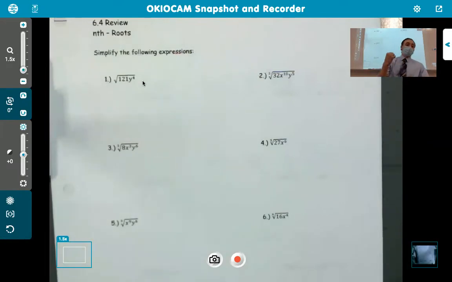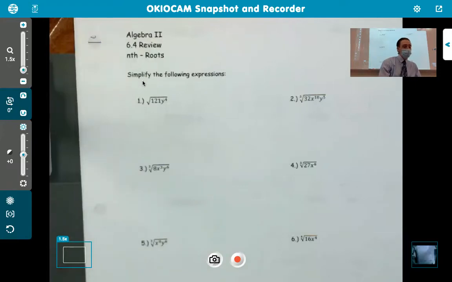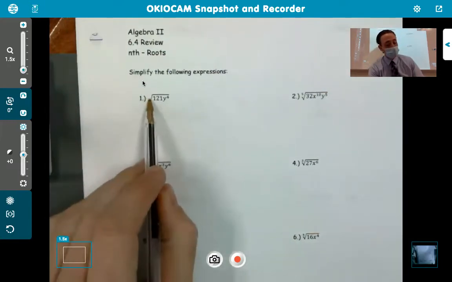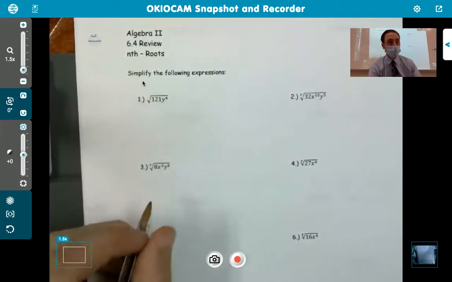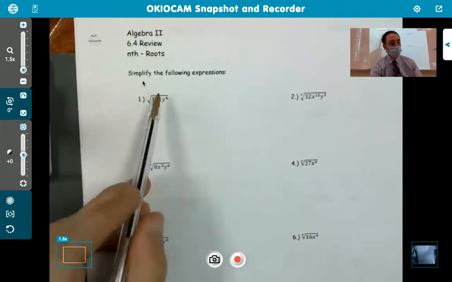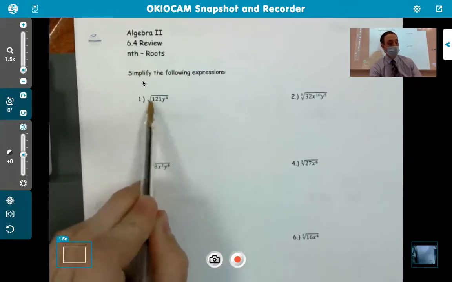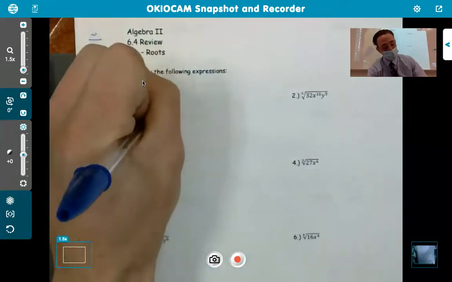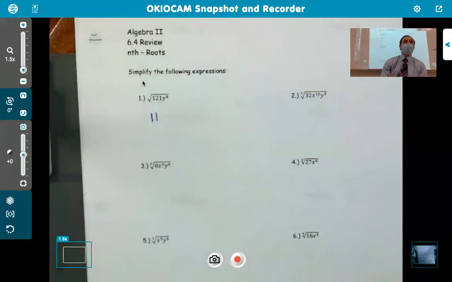So if I'm looking at example 1 here, I have the square root of 121y to the 4th power. The first thing I want to do is identify my index. My index here would be 2, although it's not written, I know I'm taking the square root. We've seen this many times in this chapter. Then I go to the constant term inside my radical. I'm taking the square root of 121. I know that that is 11. Just take it step by step.